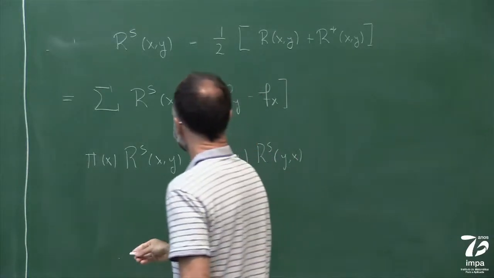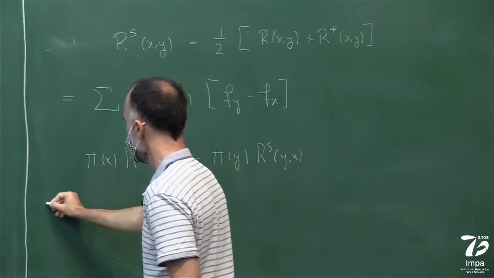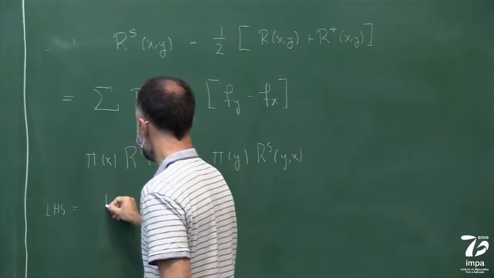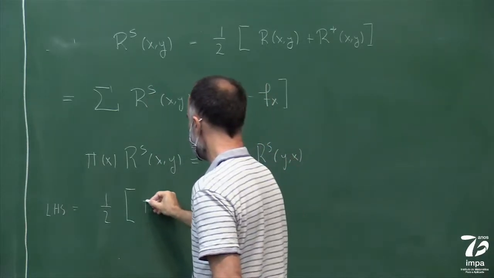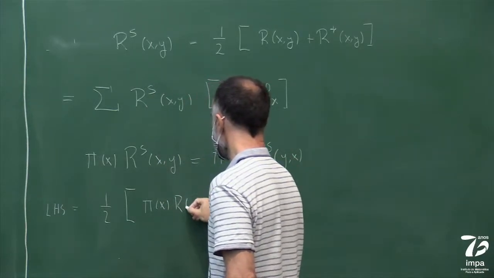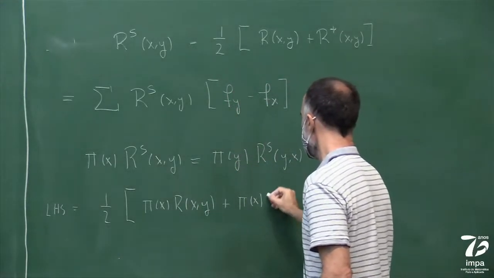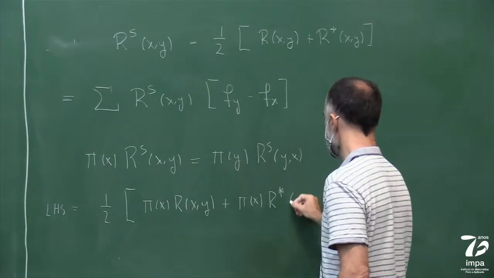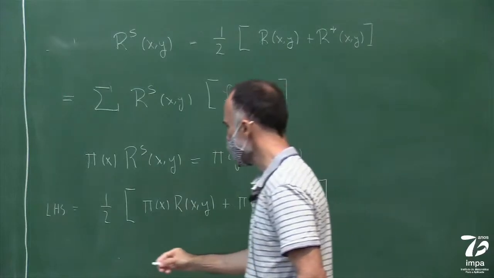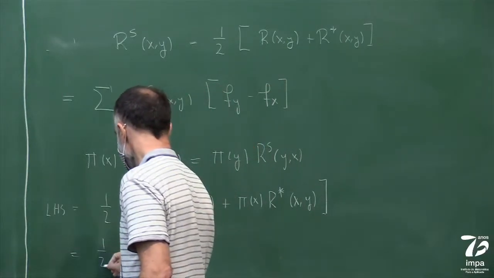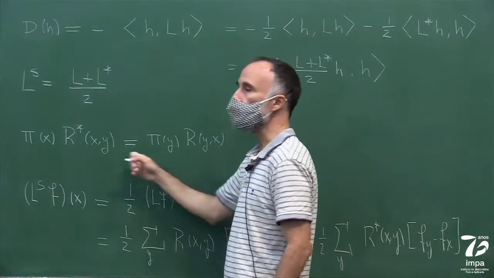Well, this comes from the definition, because the left-hand side is equal to 1/2 of pi x Rxy plus pi x R star xy. Now you have to recall these identities.